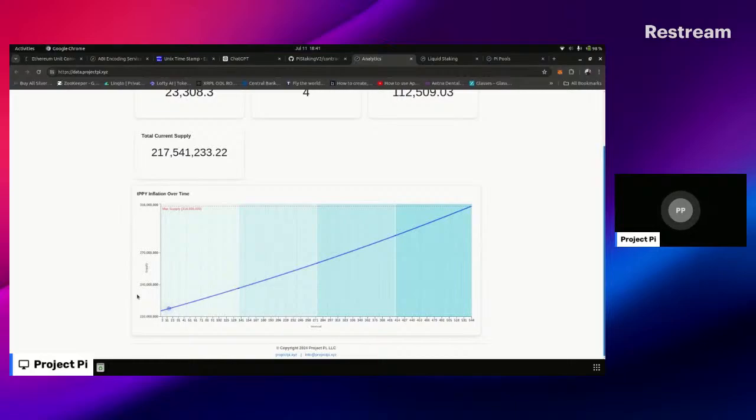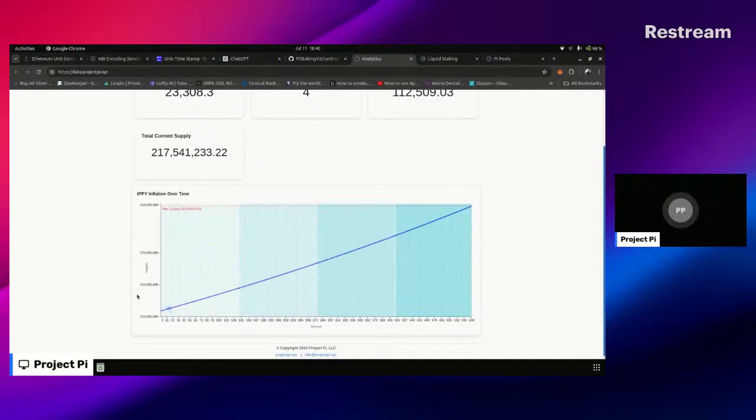The reason for this is the node operators, for validating blocks and making sure that PulseChain is running efficiently, we need to ensure that they're getting their PPY.